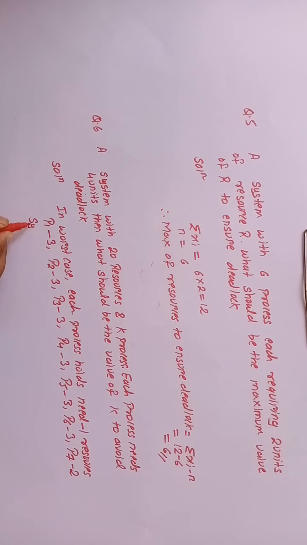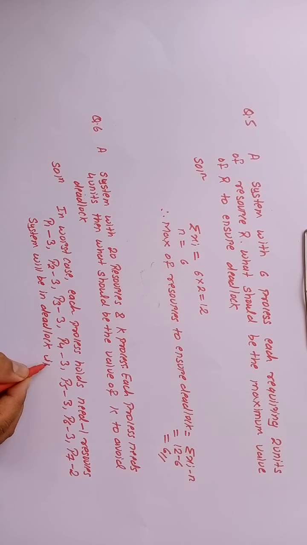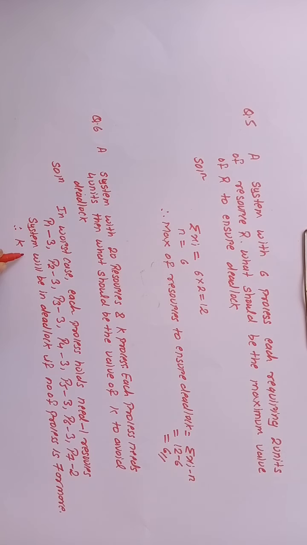So the system will be in deadlock if the number of processes is 7 or more. Therefore, k will be greater than or equal to 7.